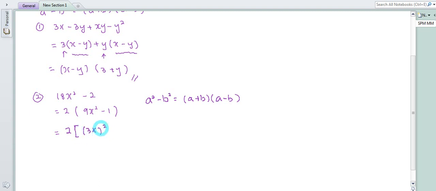Okay, this 3x squared is the same thing as 9x squared. So this negative 1, I can just simply change it become 1 squared, the same thing, right? Okay, now you have a squared minus b squared. So you know the formula, 3x plus 1, 3x minus 1. Okay, so these are final answers.